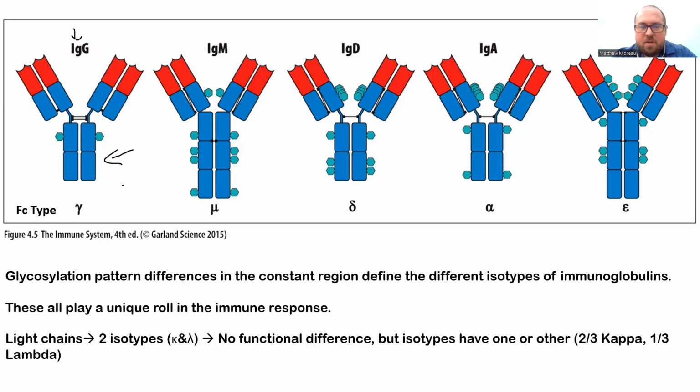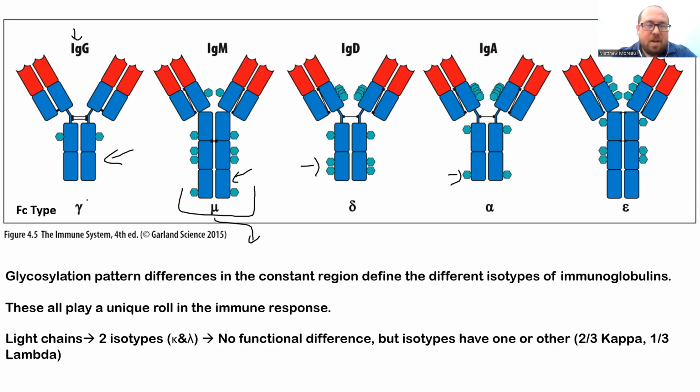And so all the different constant regions, as you can see, have different glycosylation patterns, and their glycosylation pattern and segment number of their Fc region, of their constant region, has to do with what receptor can bind them and trigger whatever it's going to trigger. And we'll talk about functions of antibodies in a moment.